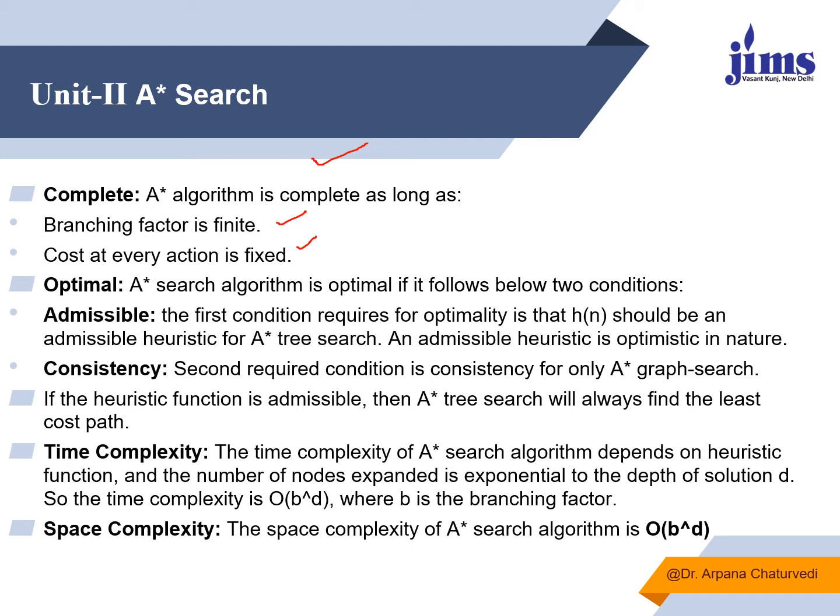Second is that it is consistent. If the heuristic function is admissible, then A star tree search will always find the least cost path. That is why the time complexity of the A star algorithm depends on the heuristic function and the number of nodes which are to be explored or expanded.